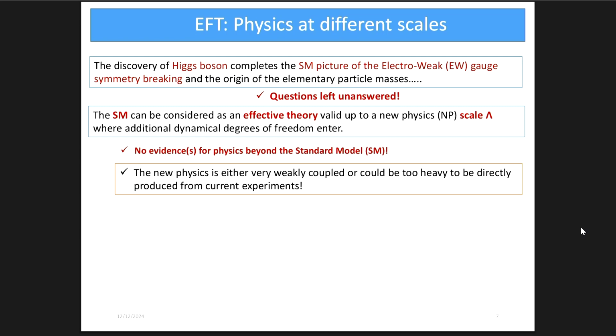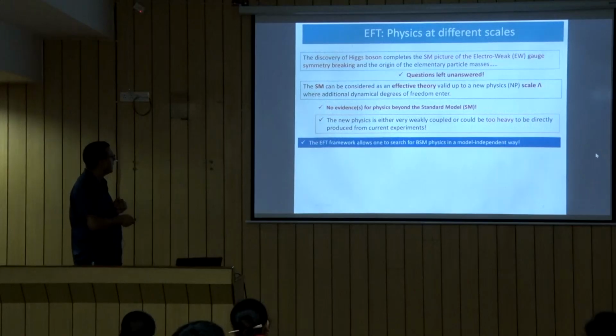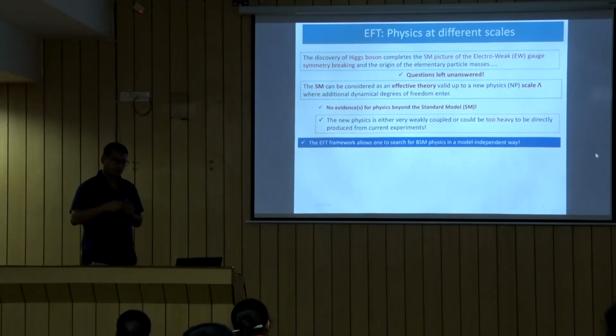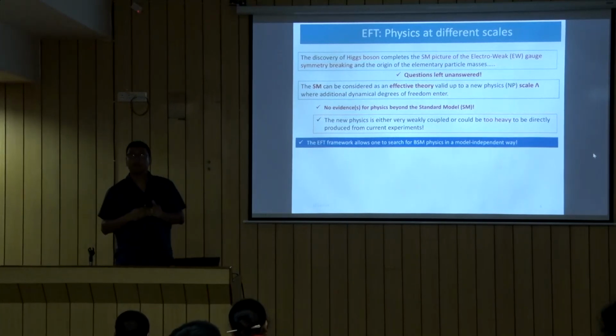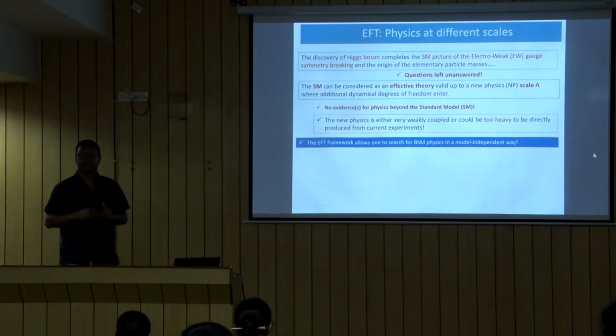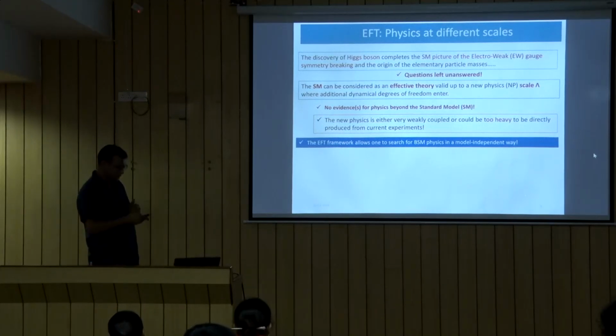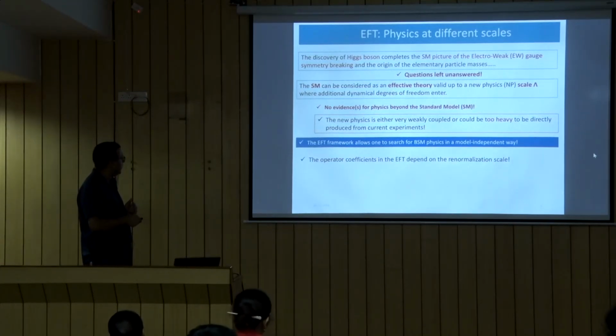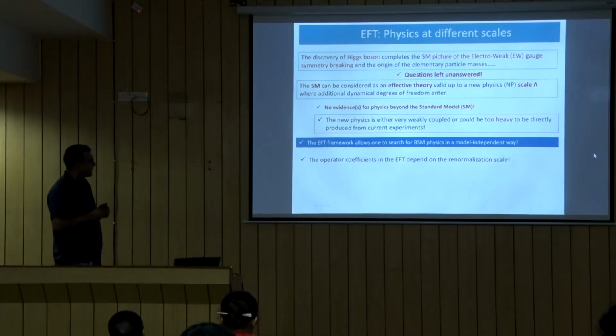You can try to understand that by assuming that maybe the couplings are very weak, or the new particles you are expecting are very heavy, so that with the current experimental setup you won't be able to detect them. If they are too heavy, you can still live with the particle content of the standard model, extend your reach to a high scale, and write down your effective theory at the high scale. That is what SMEFT is, and that is the trick we are using right now.